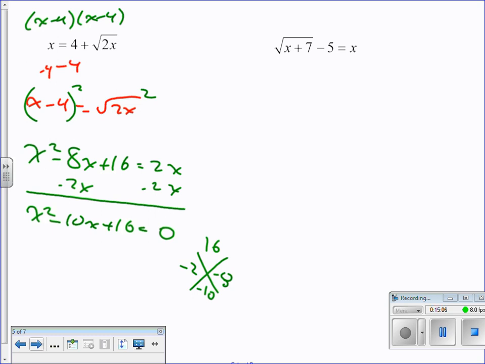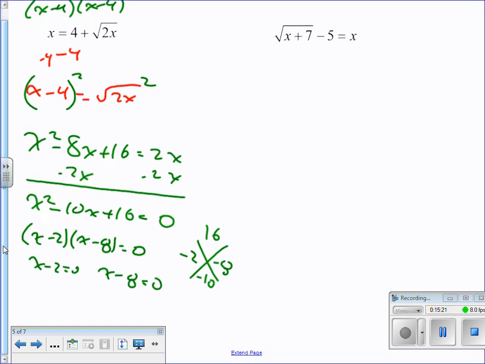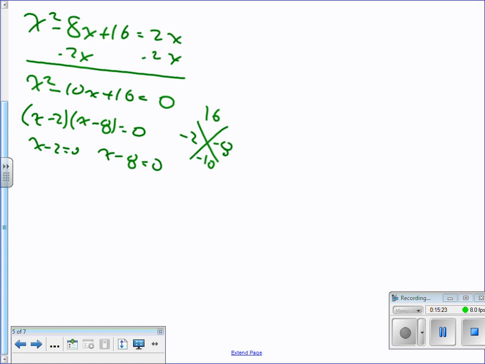Okay. So that means I get x minus 2 times x minus 8 equals 0. So x minus 2 equals 0, x minus 8 equals 0, which means x equals 2, x equals 8.